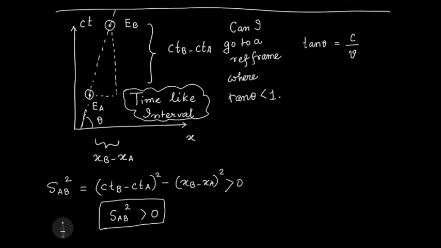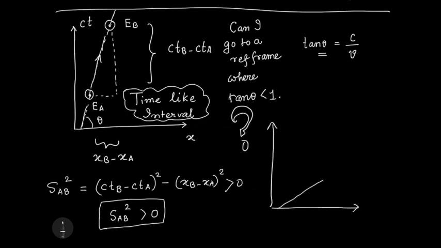V is the velocity of the object moving along this world line, right? In this reference frame, tan theta is c by v. So this is a question, I don't know whether this can be done, but I am asking, can I go to a reference frame where tan theta is less than 45 degree?